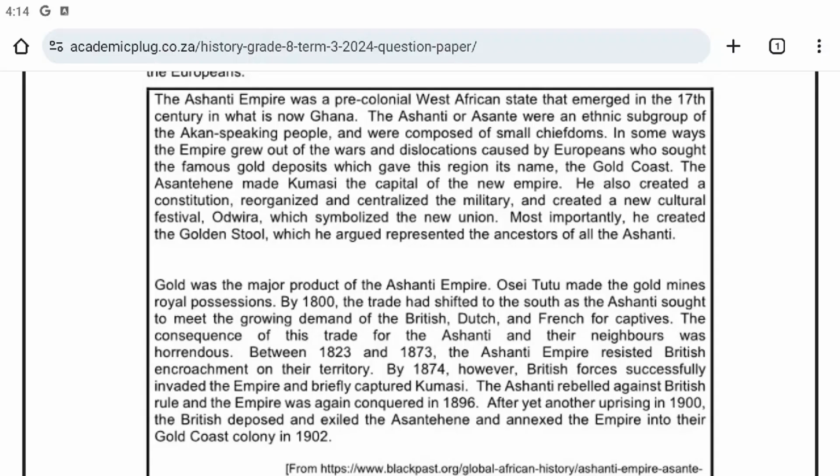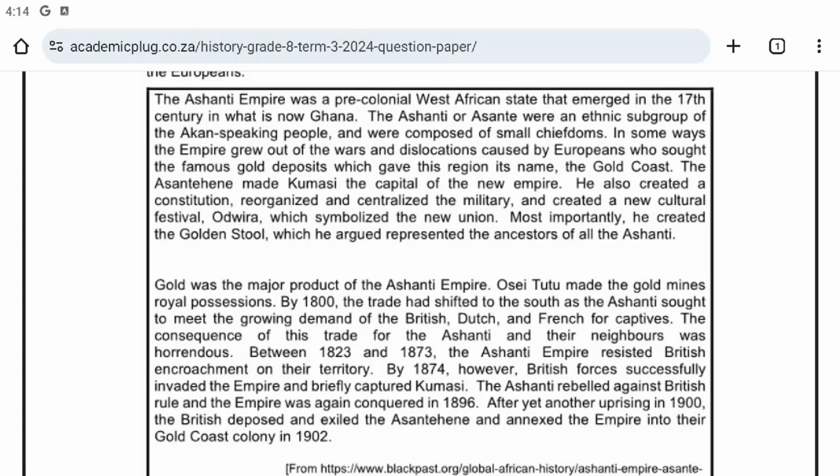The Asantehene made Kumasi the capital of the new empire. He also created a constitution, reorganized and decentralized the military, and created a new cultural festival, Odwira, which symbolizes the new union. Most importantly, he created the golden stool, which he argued represented the ancestors of all the Ashanti.